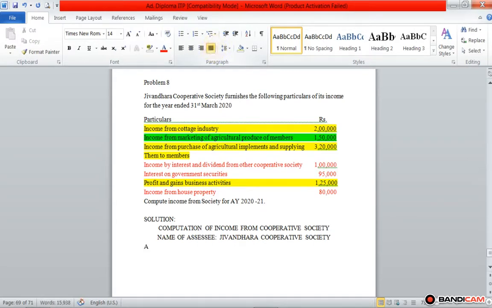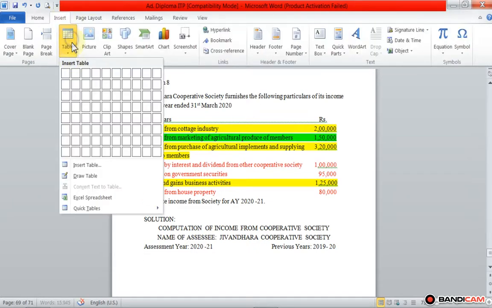Assessment year 2020-21, previous year 2019-20.